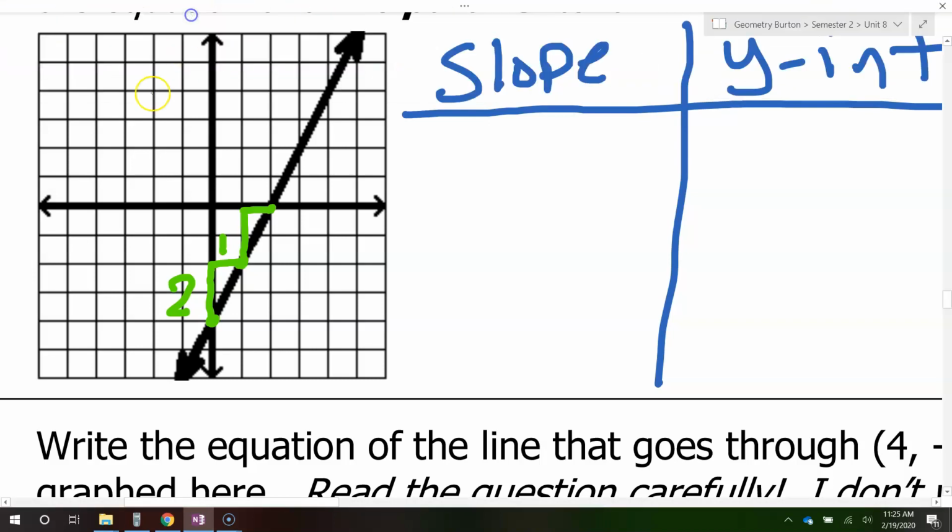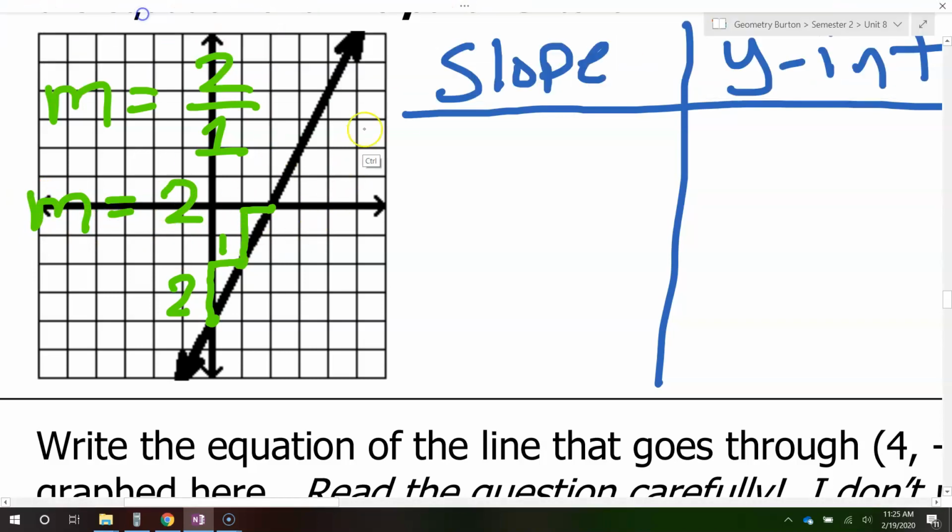So the slope of the line on the graph here, rise over run is 2 over 1. But 2 over 1 is just 2. So the slope of this line is 2.